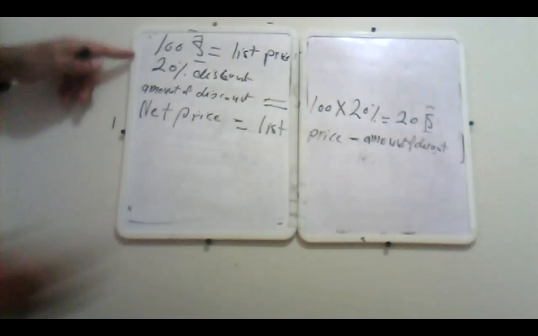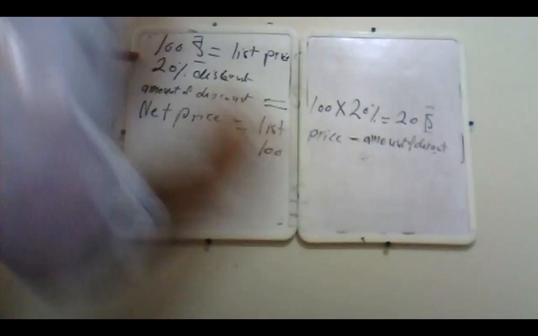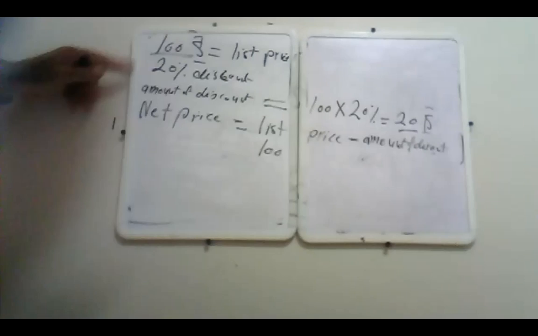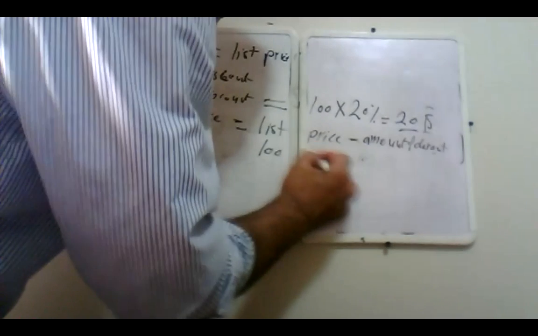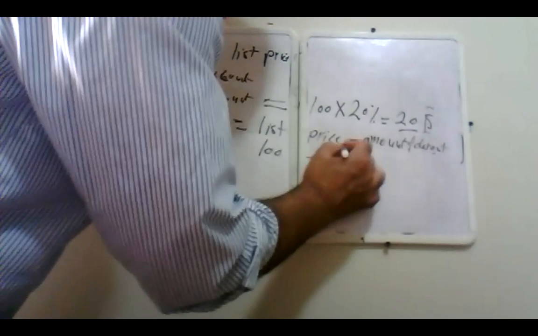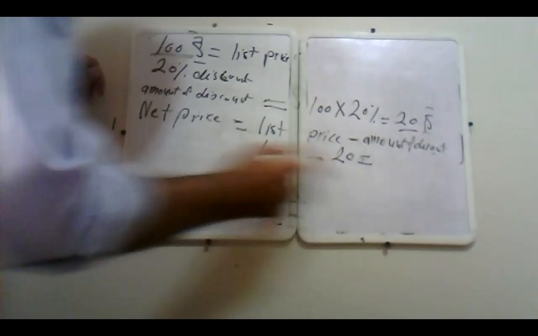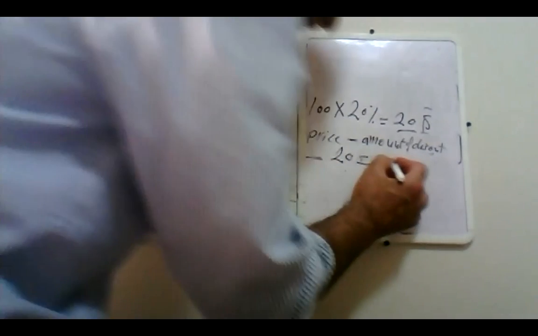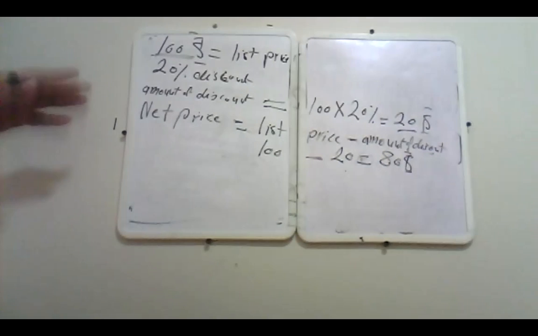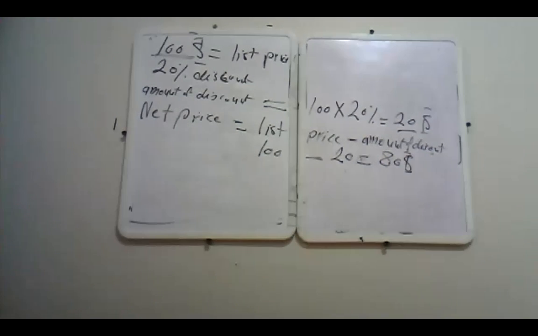So the list price is $100 and the amount of discount is $20. So all will come to $100 minus $20. This will give me $80. That's great. That's fine.